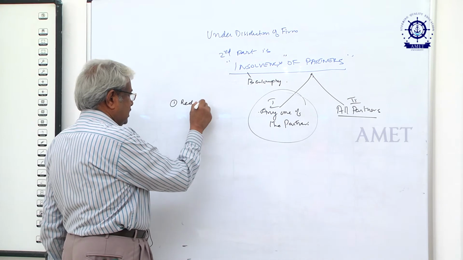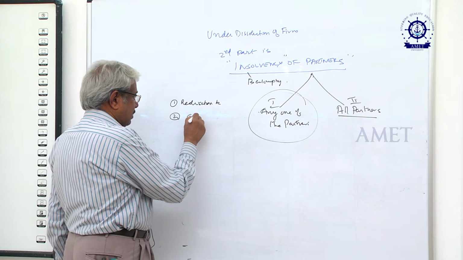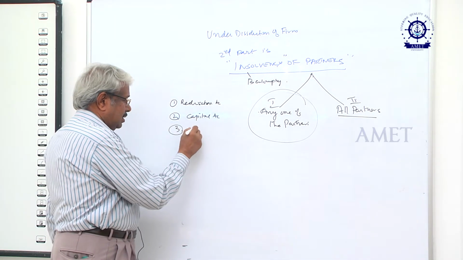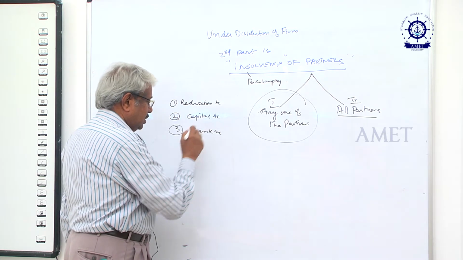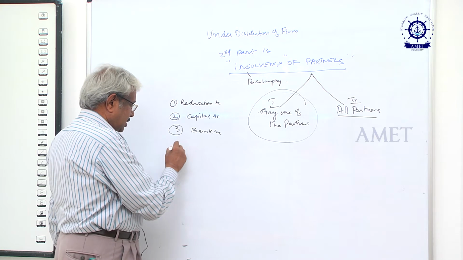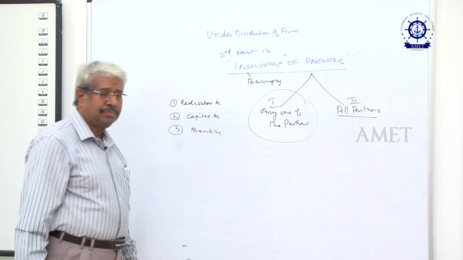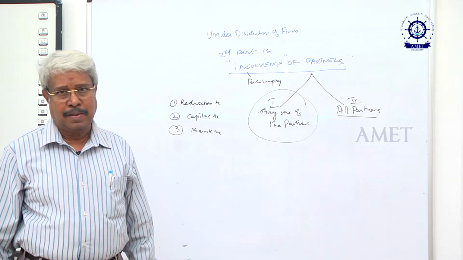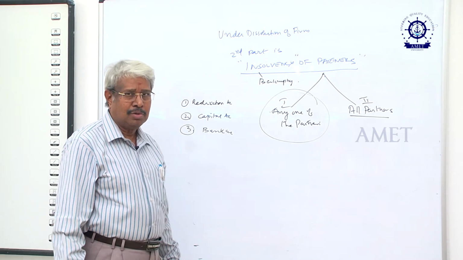Here also the necessary ledger accounts to be prepared are realization account, then capital account, then the bank account. Only three accounts are to be opened, just like a simple dissolution, with only slight changes in the preparation of the capital accounts of the partners.